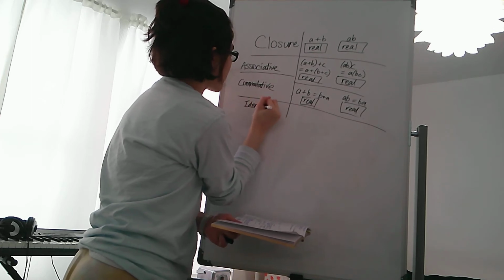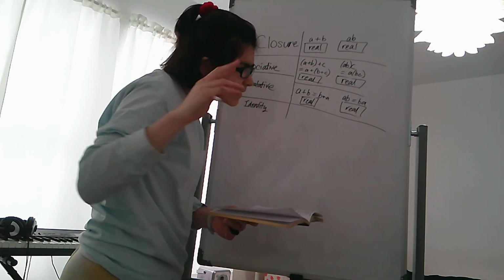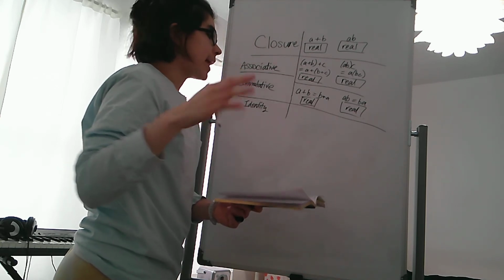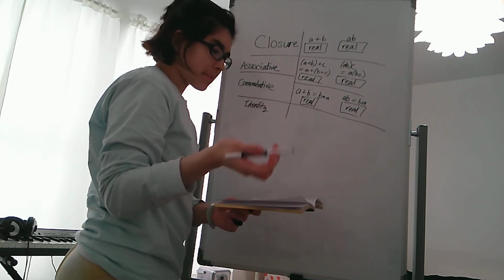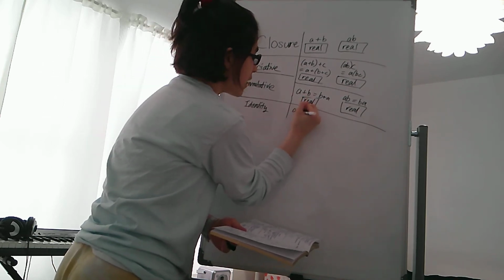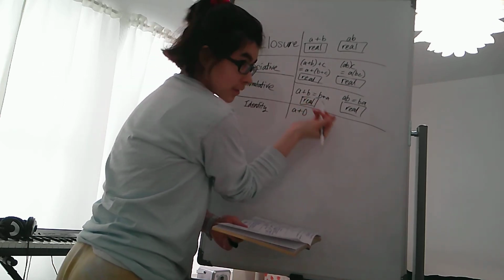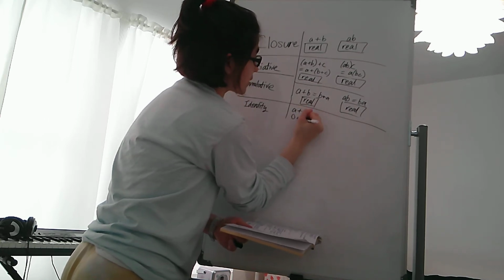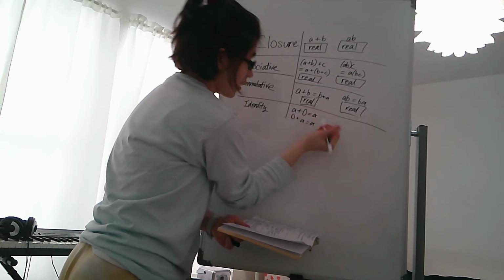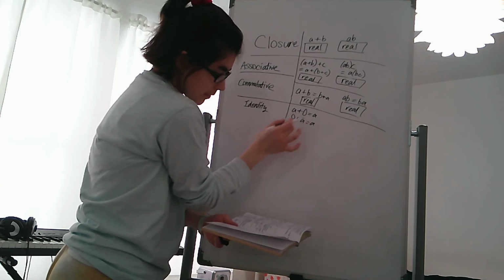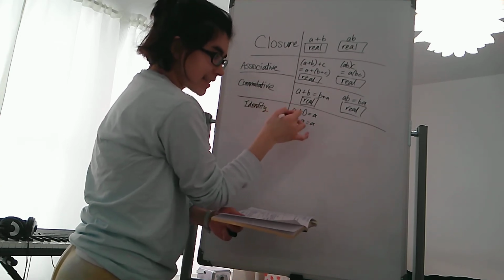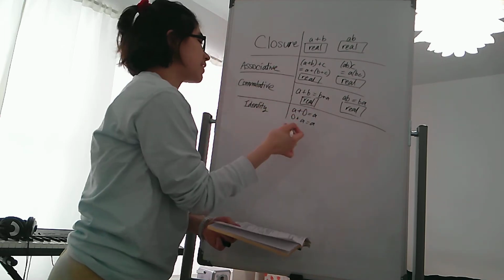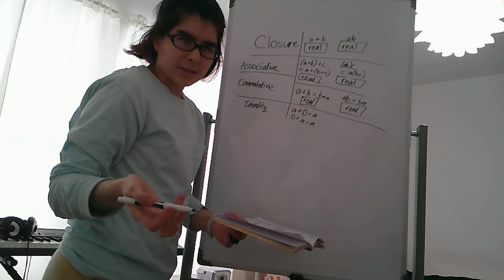Now we've got the identity property. This is slightly different for addition and multiplication, but it still involves the same basic idea. For addition, A plus 0, because 0 is nothing, is A. Or 0 plus A is A. Remember, this is because 0 is the additive identity. But the point is, you don't even have to think about that term so much.